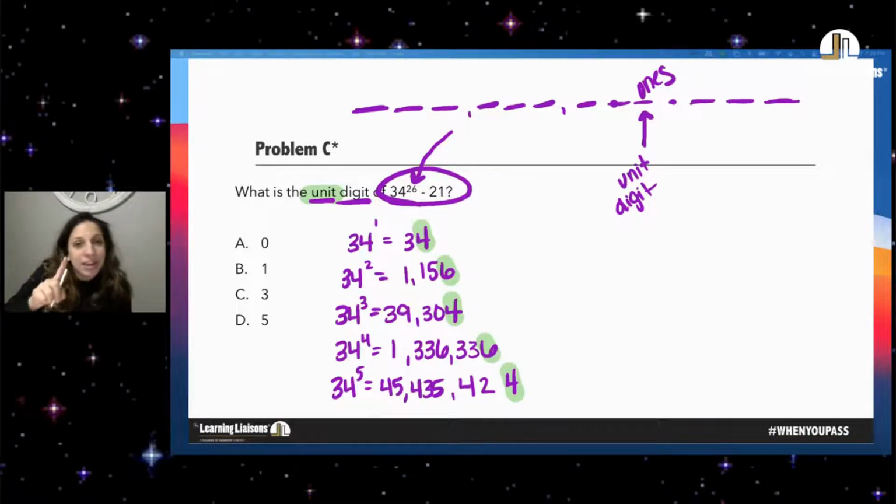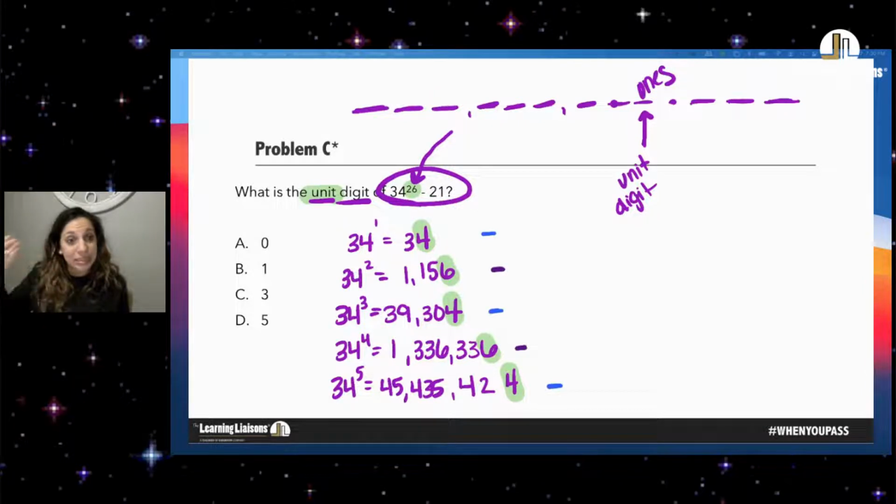So what I'm already noticing is that my odd exponents all have a 4 in the unit digit. And my even exponents all have a 6 in the units digit. Well, what kind of number is my exponent? My exponent is even.